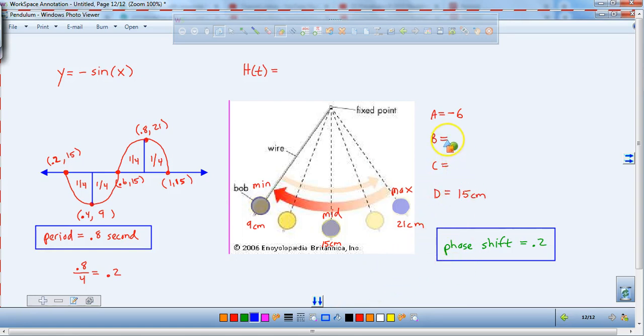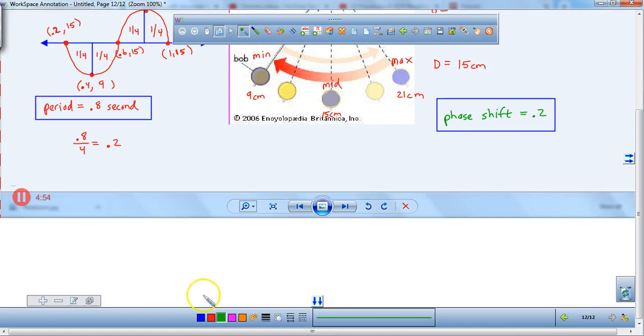Now, I'm going to show you probably a more complicated way, and then I'll show you how I'm going to build it at the end. All right? So just remember, whenever you have a period, 2 pi divided by B is equal to our period. So if I have 2 pi divided by B as our period, and our period is 0.8, that's the same as saying the fraction of 4/5. So when I cross multiply, 0.8 is 8/10, the fraction equivalent is 4/5.